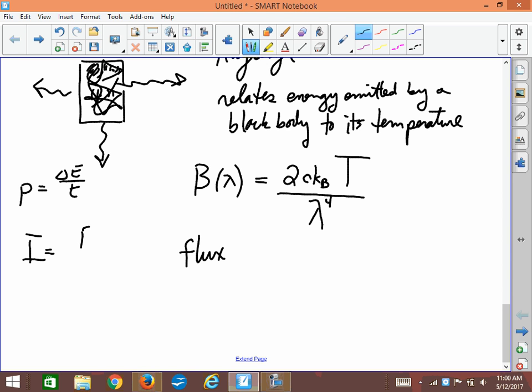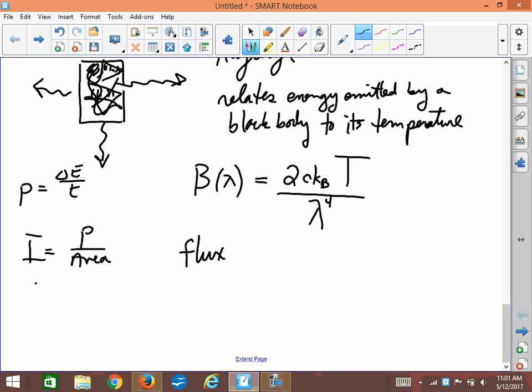So it's power over a surface area that's emitting the wave. If you put these two together, what you get is energy over time and area, which means it's the amount of energy that's flowing through a certain area or flowing out of a certain space.